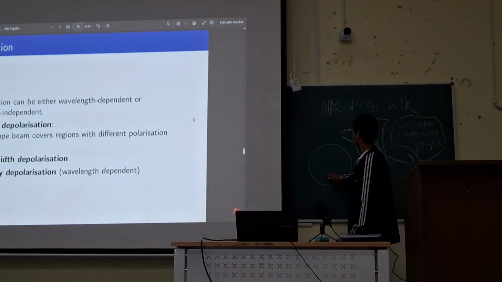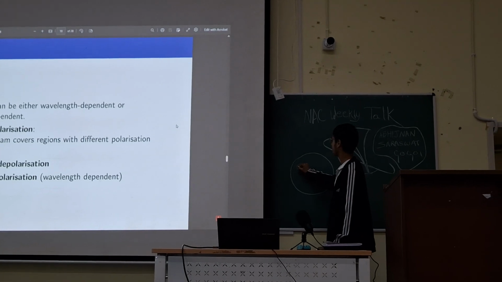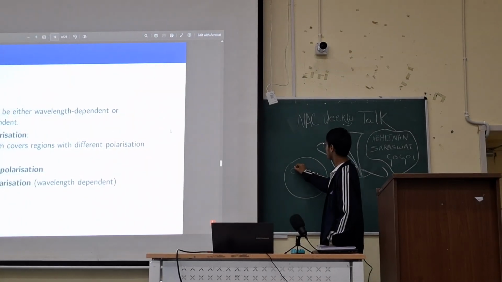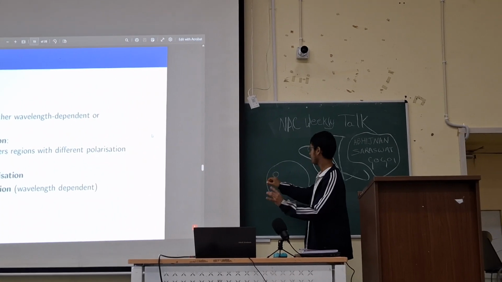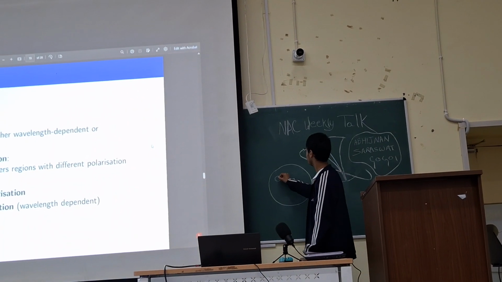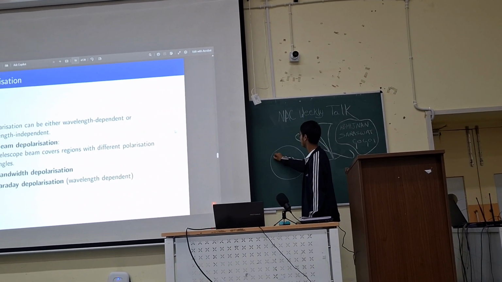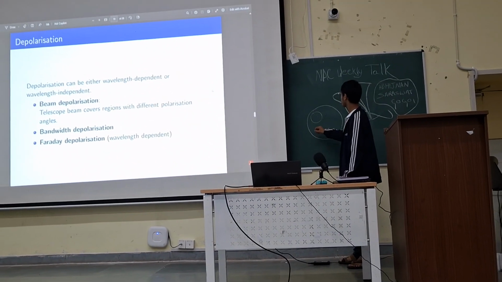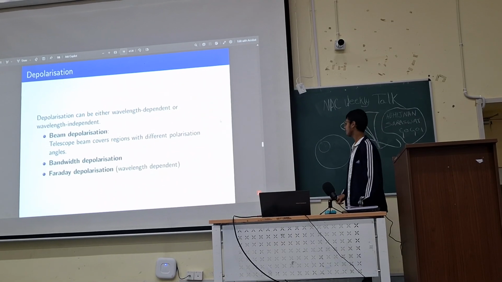So what we see is a particular circular region. This is the beam region. There's some limit to how much accuracy we can see the region with. If the beam area of the telescope is very large, then we will have a significant amount of beam depolarization.